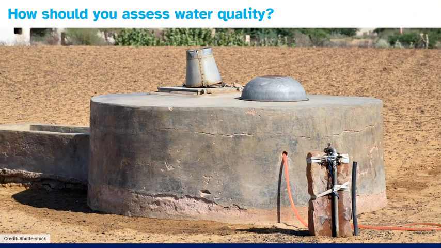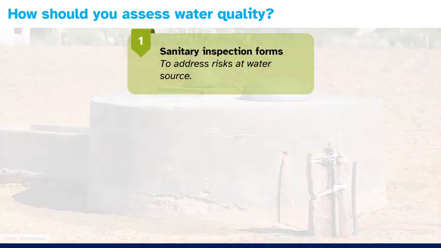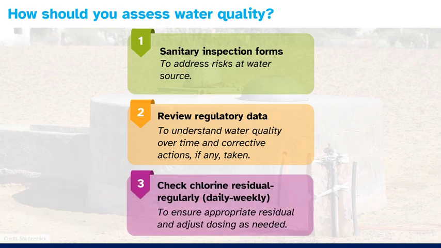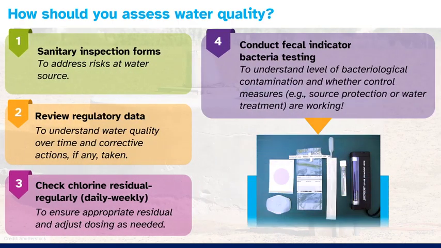There are four suggested ways of assessing and managing water quality risks. These are use of sanitary inspections to address risks at the source, reviewing regulatory data to understand water quality over time, regularly checking and measuring levels of residual chlorine, noting that this is a very cost-effective option, and finally, conducting fecal indicator testing, which verifies the effectiveness of water control measures and regulatory compliance.